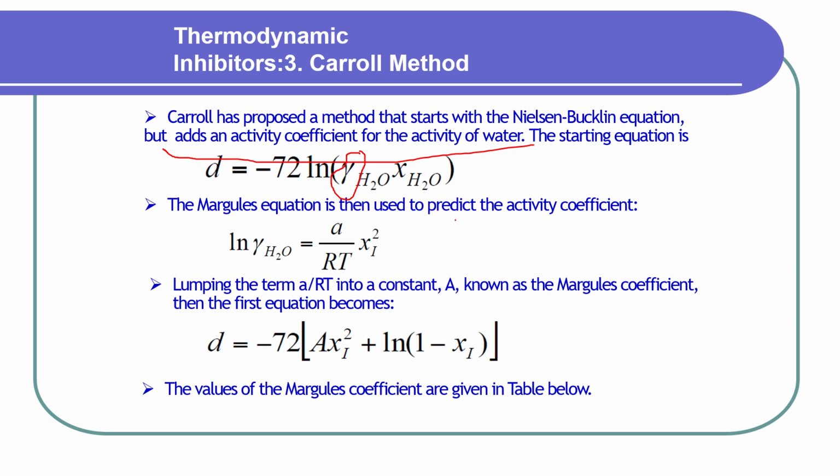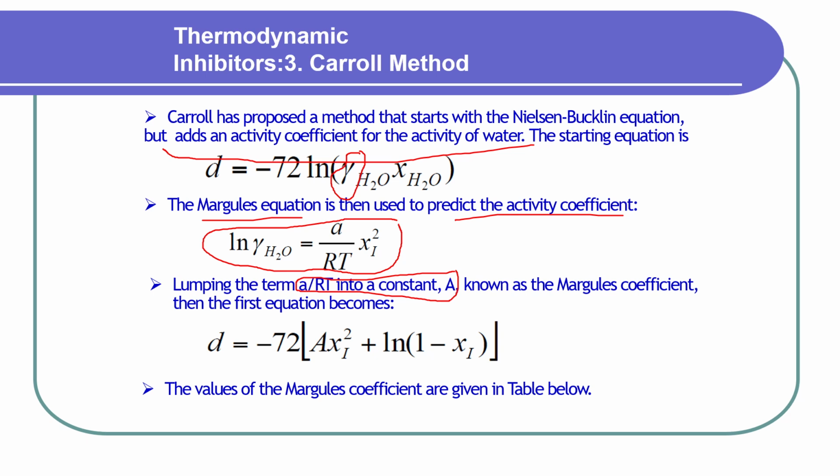Now you need to calculate the activity coefficient. You use the Margules equation, which finds the activity coefficient based on the mole fraction of that component. And then you can bring A over RT as a constant, which is going to be known as A, the Margules coefficient.